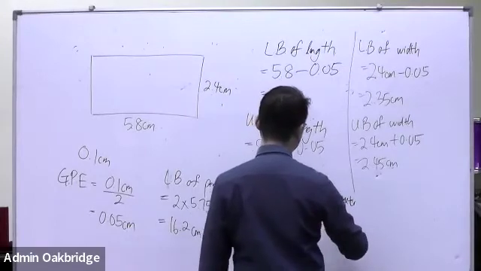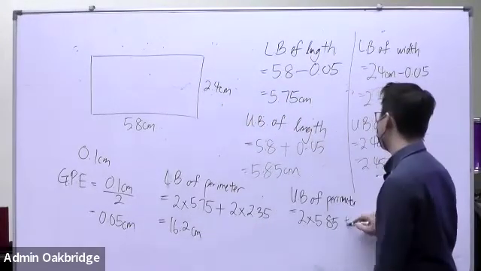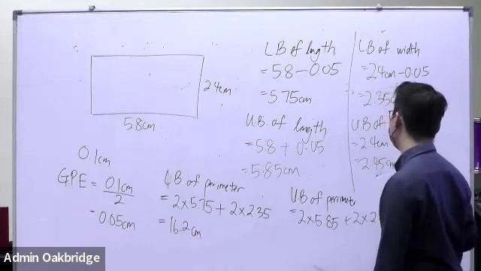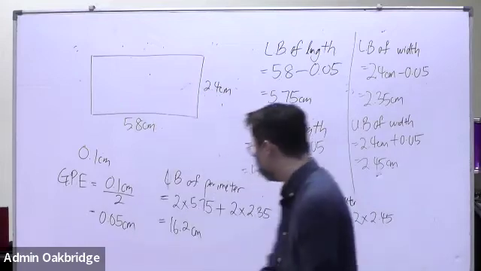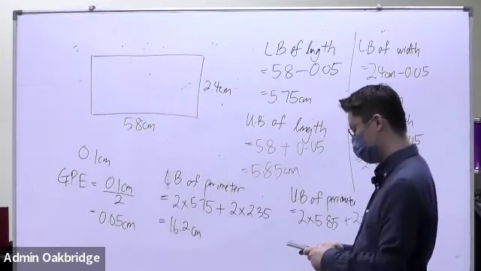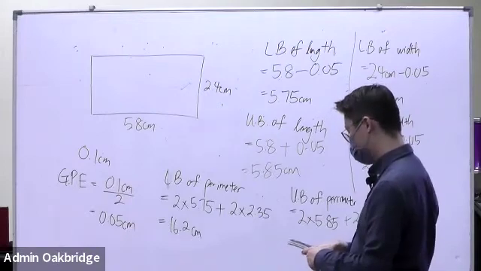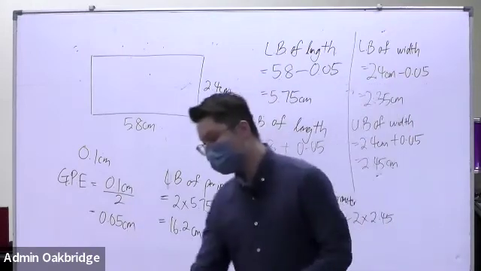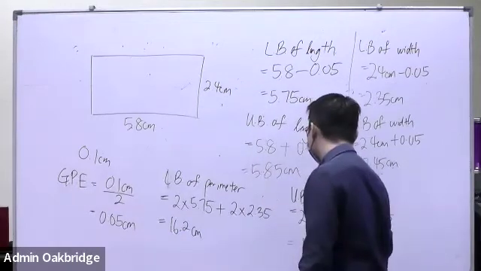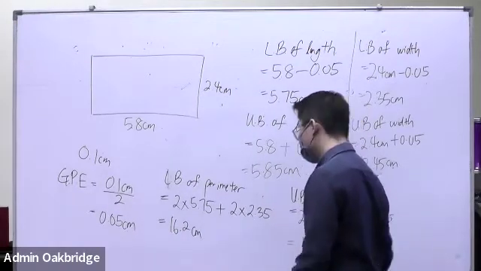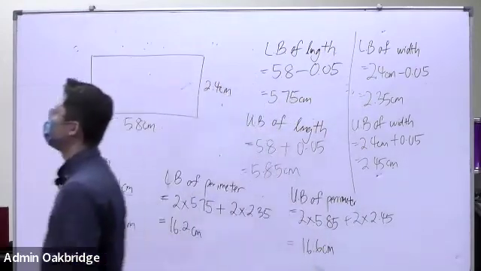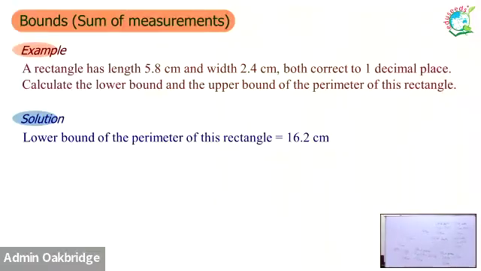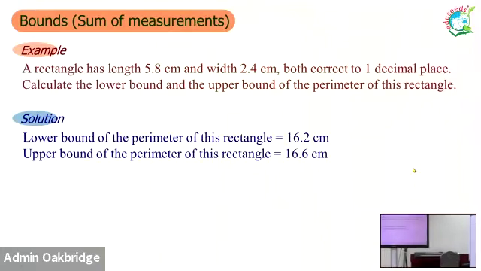So 2 times 5.85 plus 2 times 2.45 gives 16.6. Right, correct or not? Okay, 16.6.